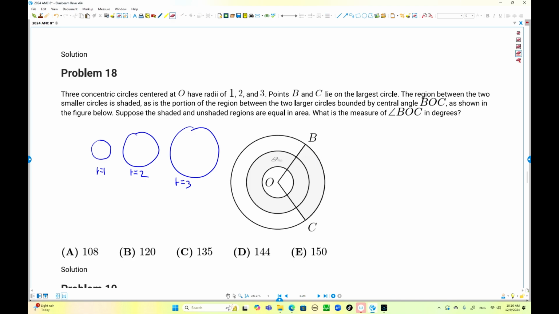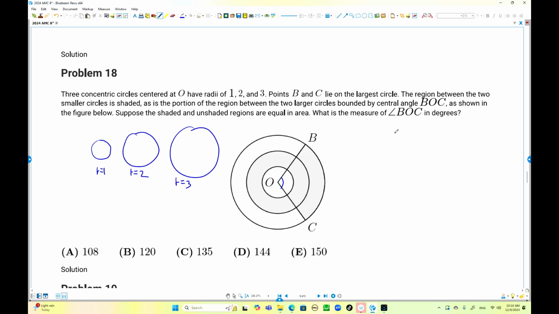That's a part of a circle. The region between the two large circles is bounded by the central angle BOC. Yeah, that's the central angle. Suppose the shaded and unshaded regions are equal in area, right? Area is equal. Okay, what is the measure of BOC there?